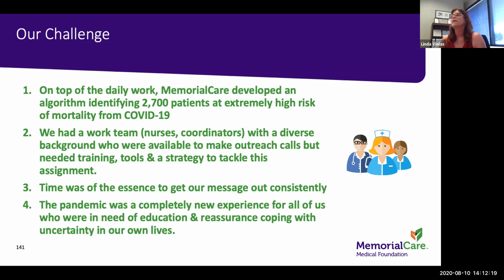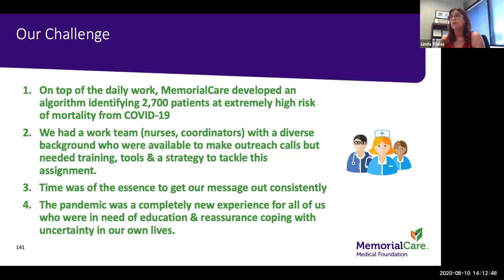So on top of the daily work, they identified 2,700 patients between our ACO lives of 348 and our HMO lives. There was about 2,300. We had a lot of patients on our hands, and this was the beginning of April. And we had about 2 weeks to really figure out, while this algorithm was built and we didn't quite know our numbers, what kind of strategy and how we were even going to get enough workers to pull together to do this.